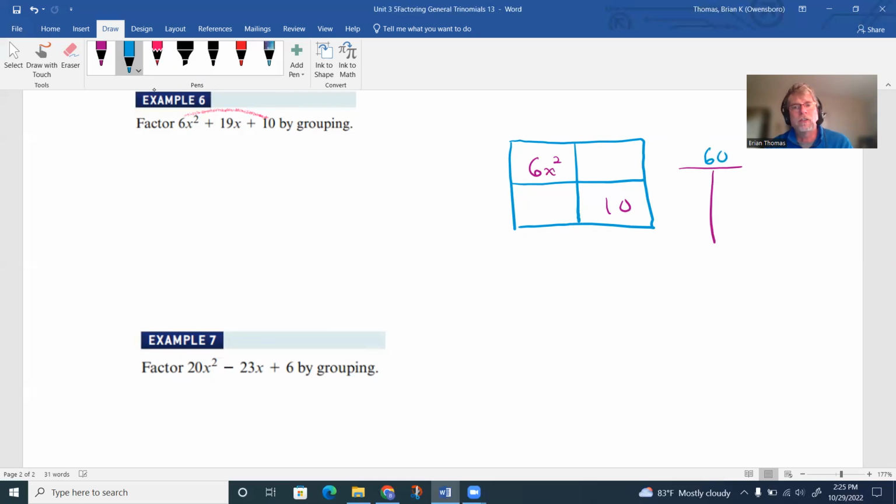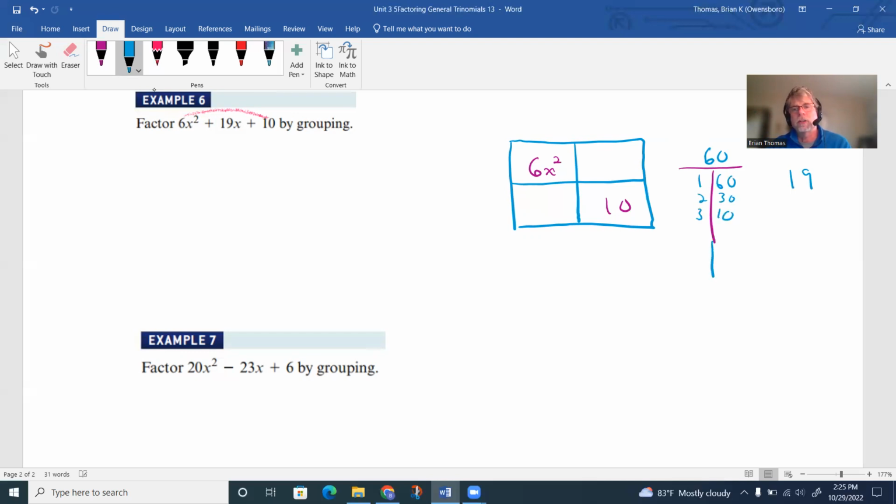So what we have is a 60, but we have to add to get the middle term, which is going to be this 19. So we're looking for the factors of the 60 that give me this 19. Again, you can be using a calculator here. I'm not going to reach for my calculator; I'm going to keep my screen clean. So I do know that 1 and 60 are factors of 60, 2 and 30, 3 and 10.